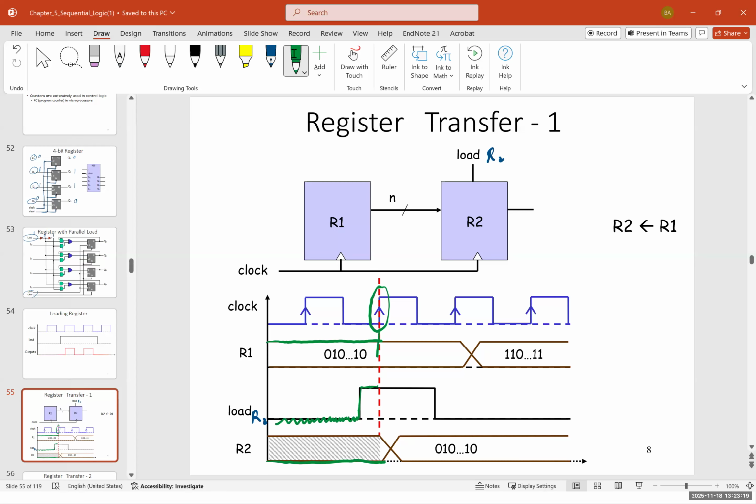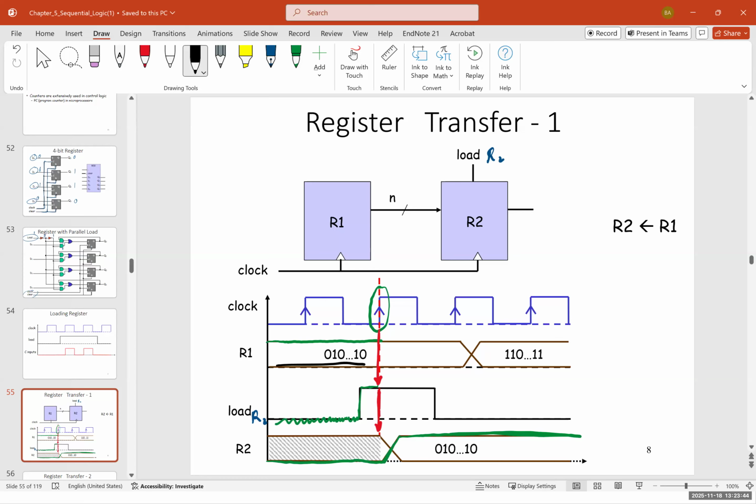As soon as the next clock comes in, let me draw it with red, and we have load enabled, then R2 would change, its status would change to 1. And the opposite is also true.